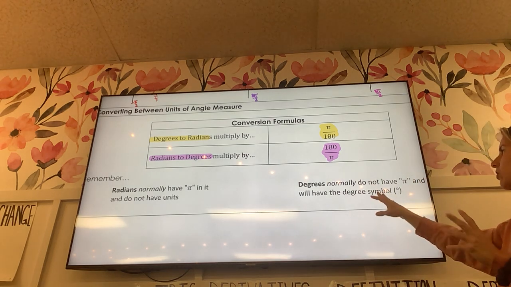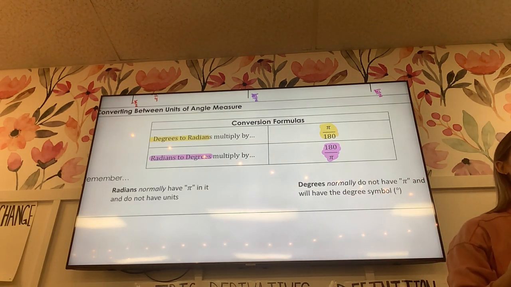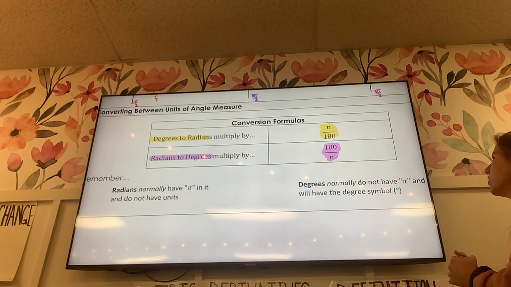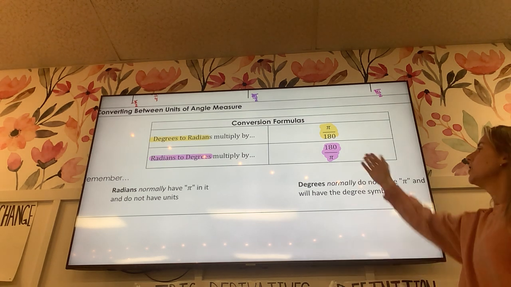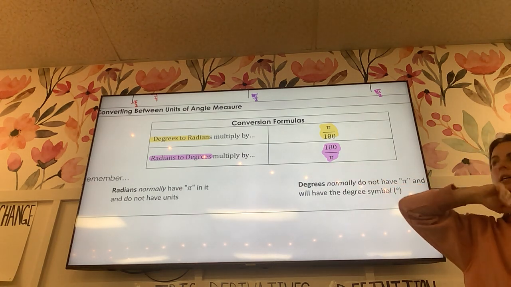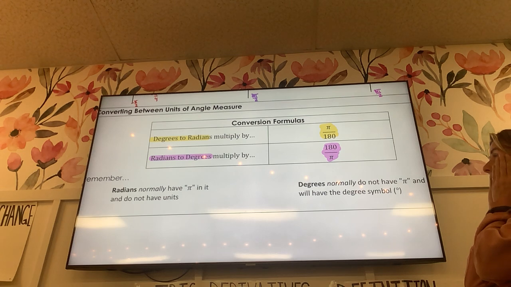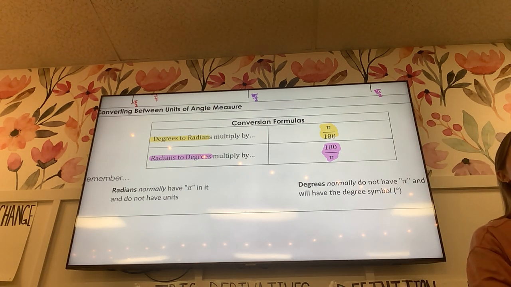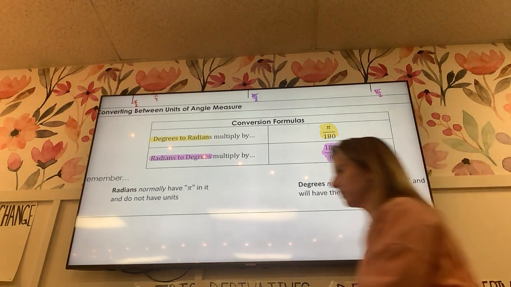If you change to degrees, we normally do not have pi. Doesn't mean you can't, it's just normally not seen written with a pi. And so if you want to get rid of your pi's, you are going to multiply by the one with pi on the bottom so the pi's will cancel. So that's how it's worked out in my head, but regardless, you do need to know which one to multiply by if you want to change the forms.